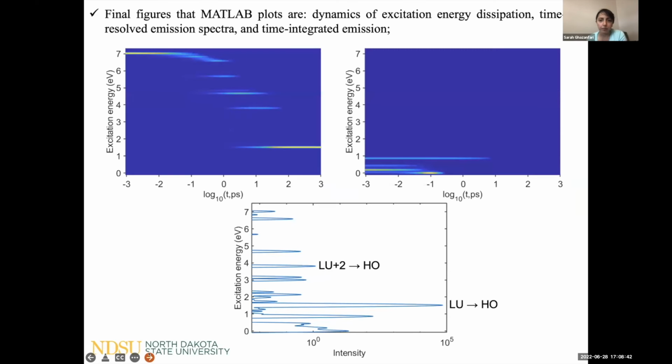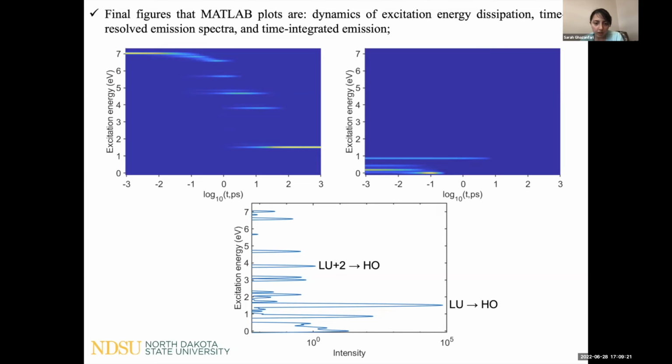The next and final pictures that MATLAB plots for us are these three panels. From the top left, this is the dissipation of excitation energy as a function of time, and on the top right, it is the emission spectra, and also the time integrated emission below.